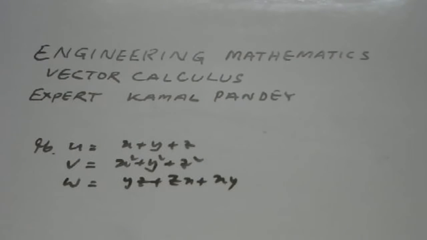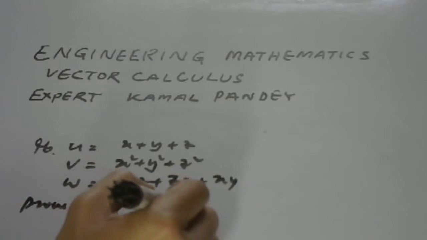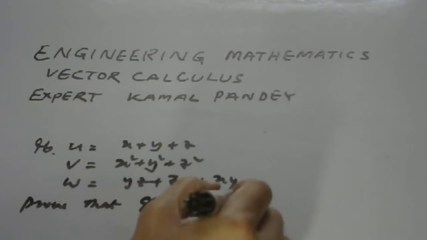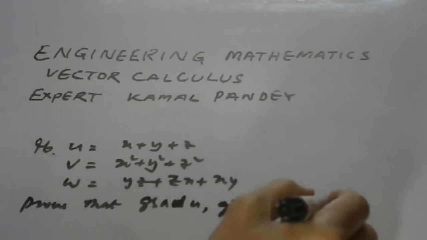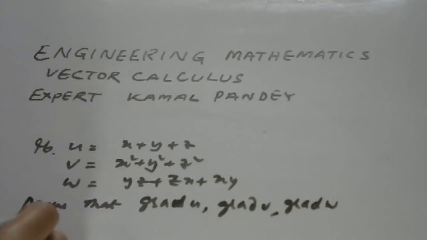Okay, question is that, prove that grad of u, grad of v, grad of w are collinear.